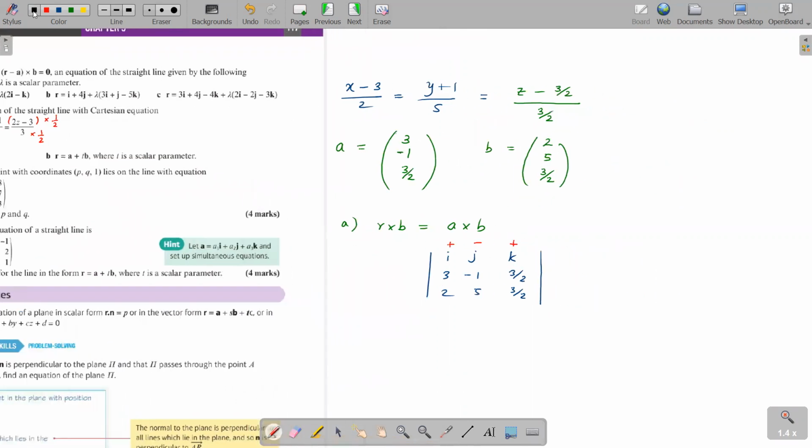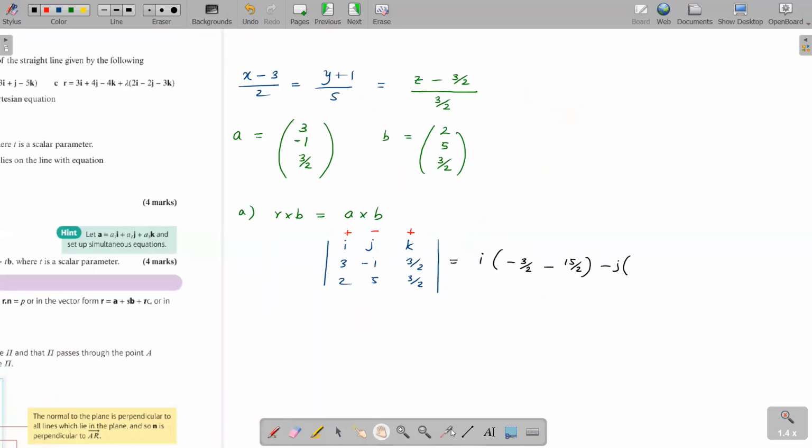So when I use the cross product here, I get i times, so shall we directly use? Minus 1 into 3 over 2 is minus 3 over 2. Minus 5 into 3 over 2 is minus 15 over 2. Minus j times 3 into 3 over 2 is 9 over 2. 2 into 3 over 2 is 6 over 2.